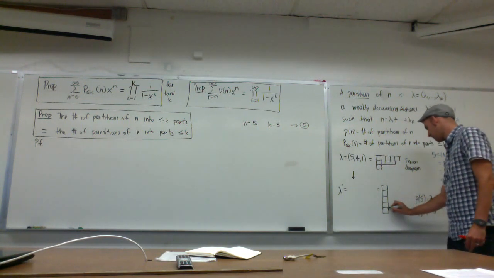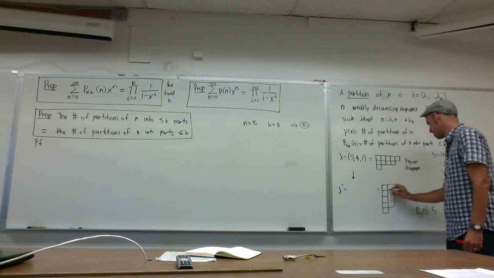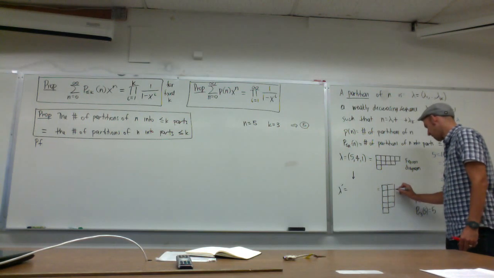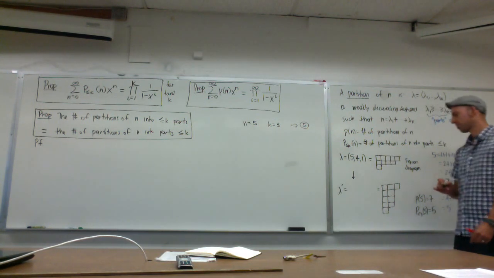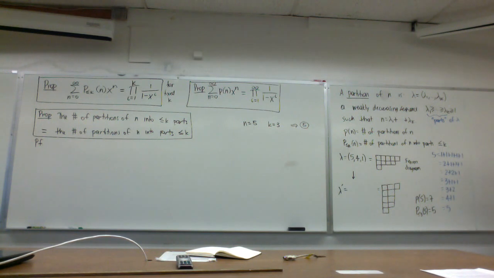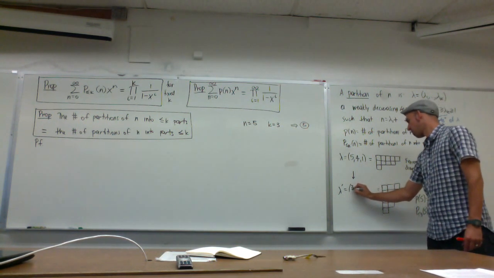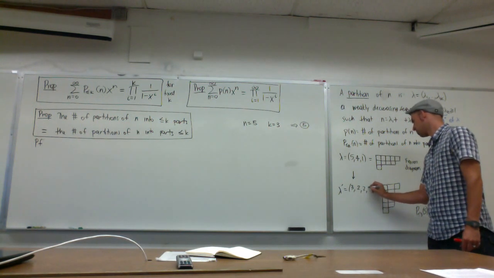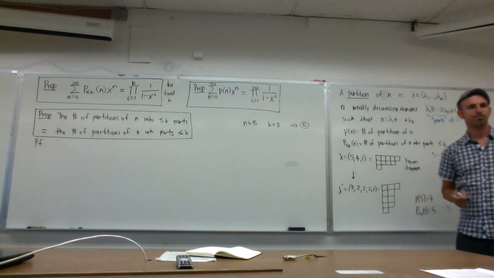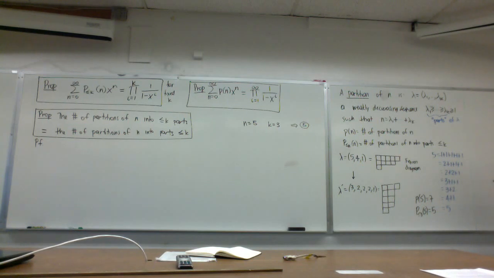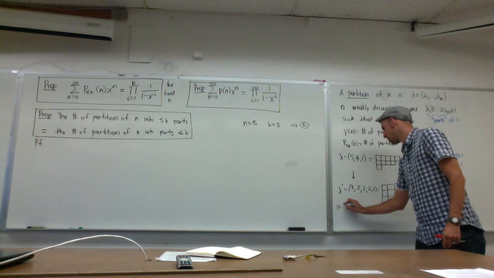Then I have 4 in the next one. And then I have 1 in the next one. So lambda prime is going to be 3, 2, 2, 2, 1. And this is called the conjugate.